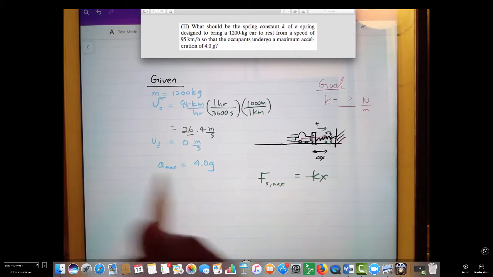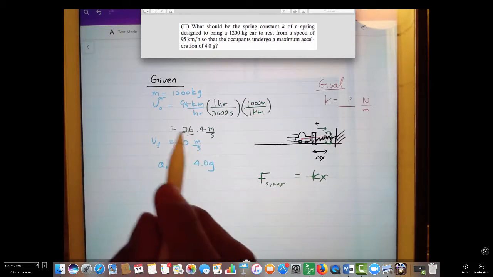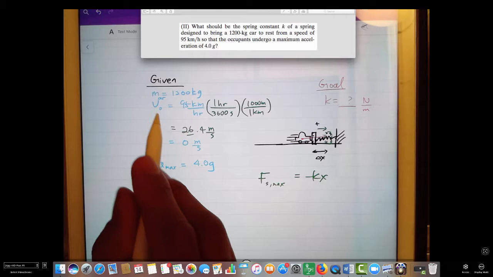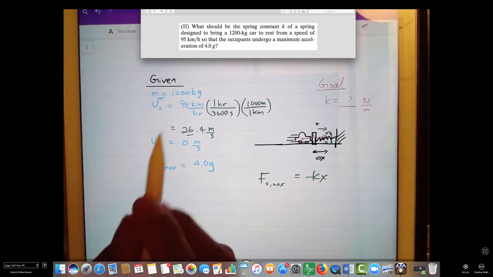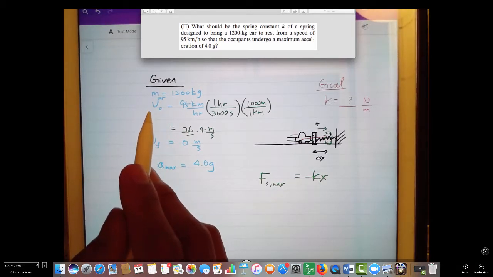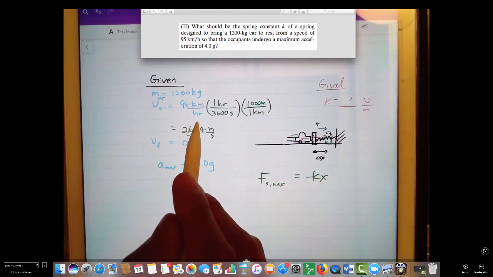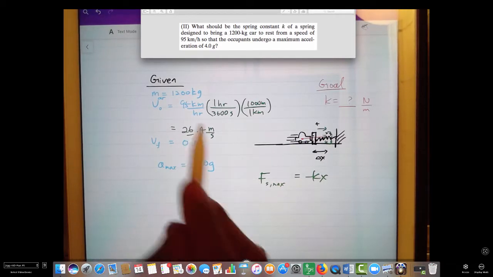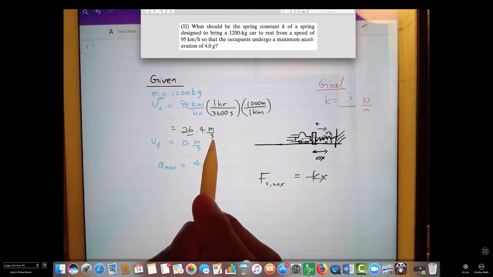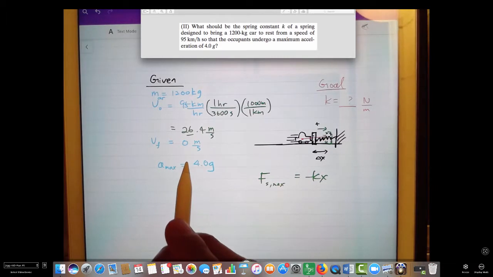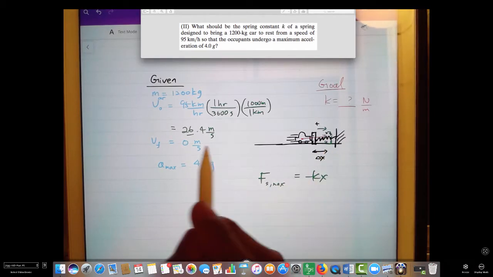So going back to the question, I wrote down all the given variables. We have the car mass, and we have an initial velocity of the car. Now they gave it to us in kilometers per hour, so we have to convert it into meters per second, the SI unit. And then the final velocity of the car, due to the spring stopping it, will be 0 meters per second.